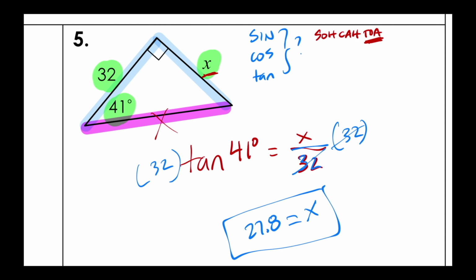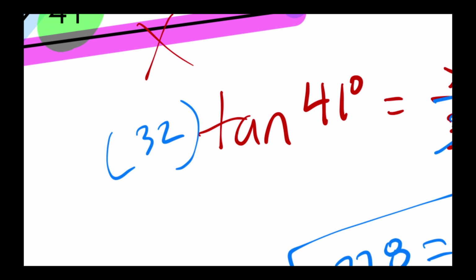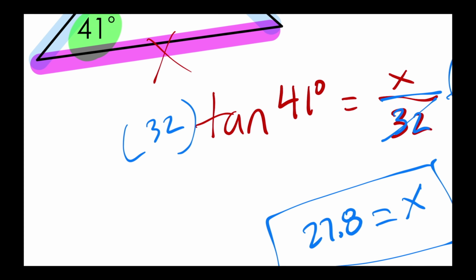What do you mean, how do you calculate it? Like, how do you put this in your calculator? Usually, if you're using your phone calculator, you're going to have to put in the 41 first and then hit tan, and it'll give you a decimal.